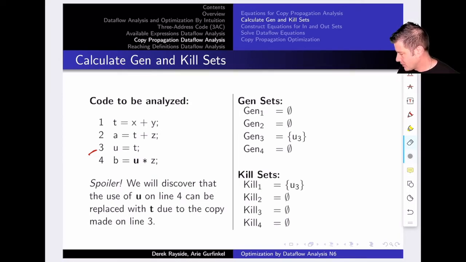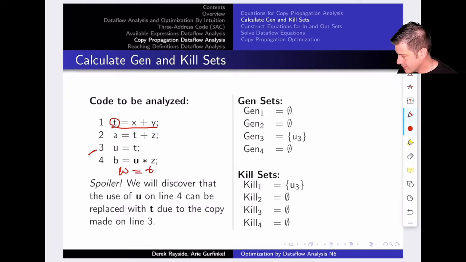When we go to kill sets, we know that whenever we assign a variable that is part of a copy, we kill all the copies for that variable. So here we're assigning t, so a kill set will be any, let me pick a good variable, say w equals t.